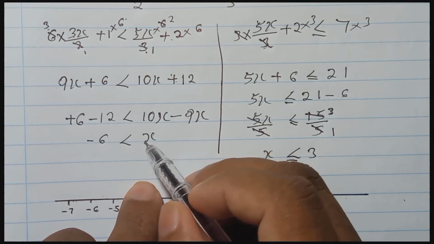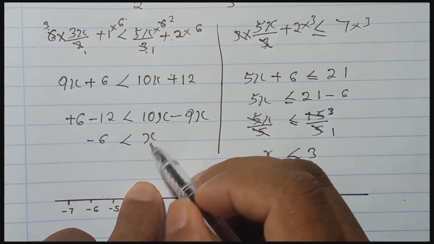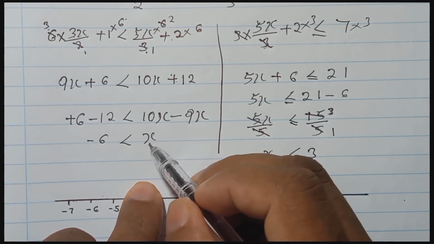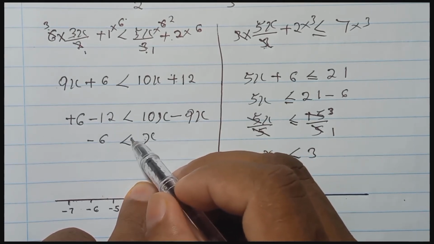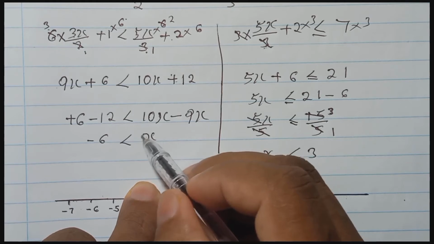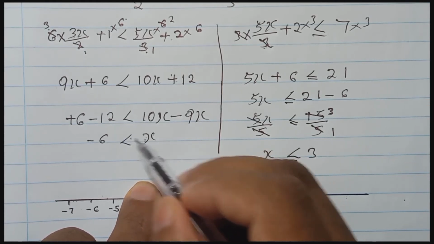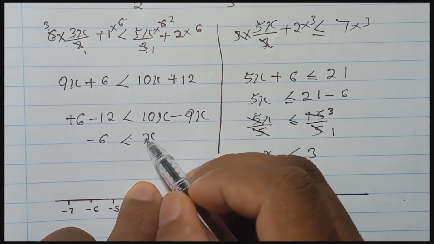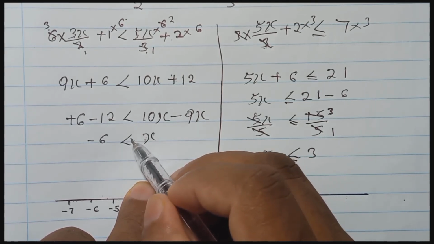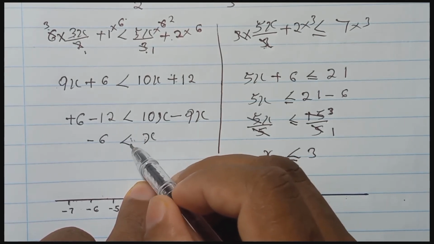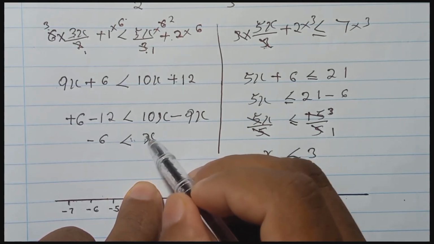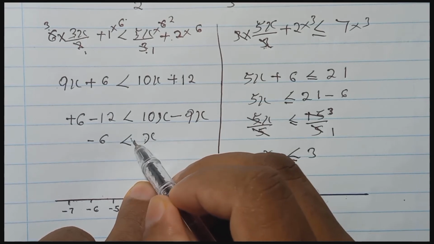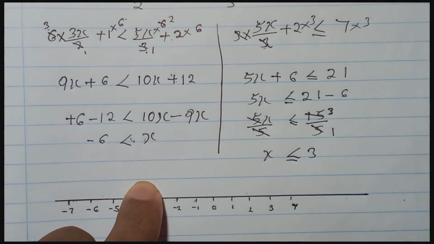X is the unknown value, and it should be closest to the greater side. So x should be greater than minus 6.